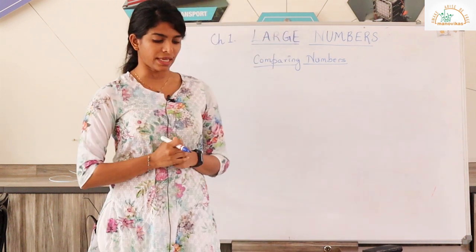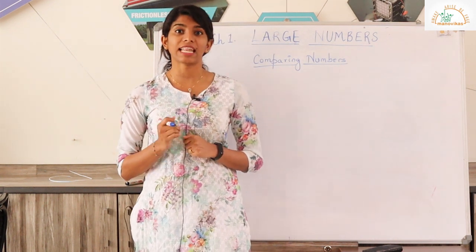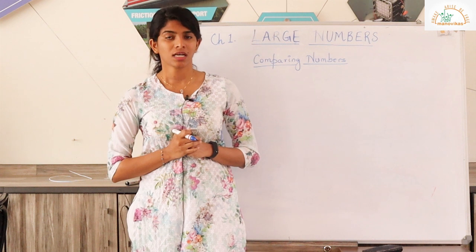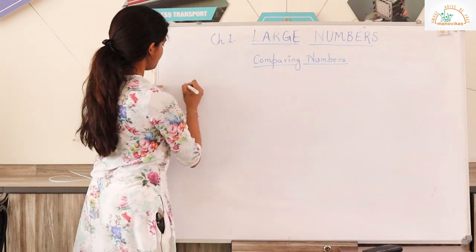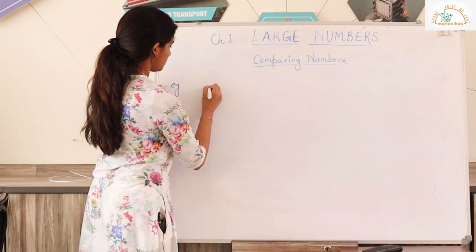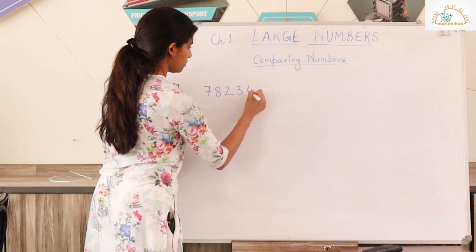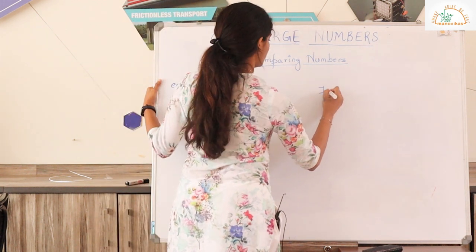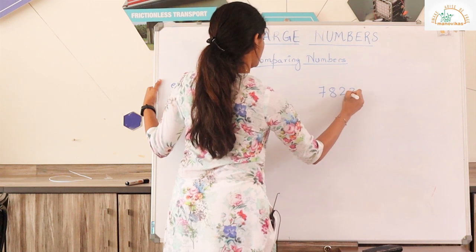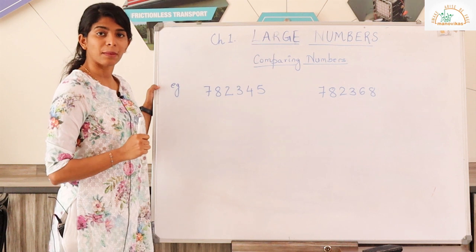Now the second step says if the number of digits are same, compare the leftmost digit first. Now what do you mean by this? Let's take one example. Now I have two numbers here.